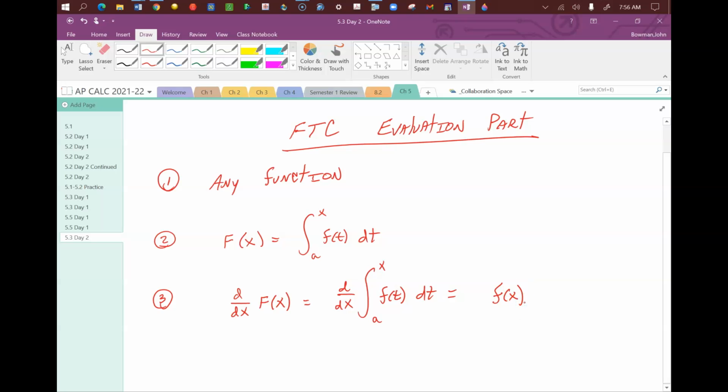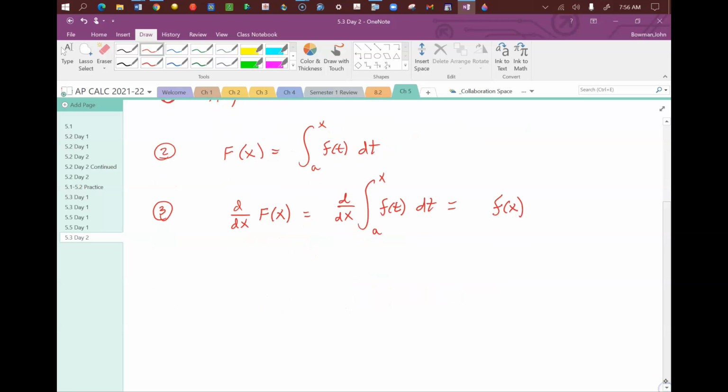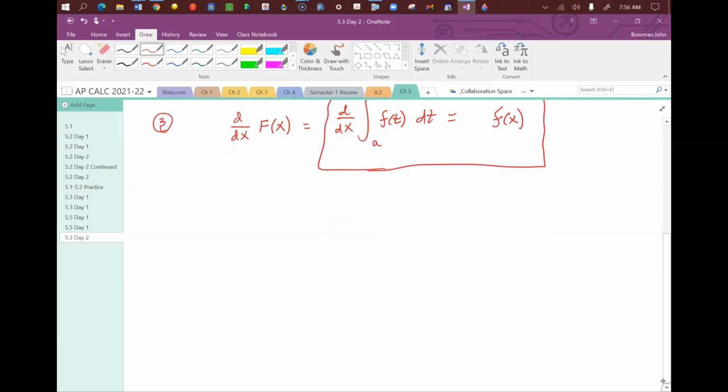In other words, the derivative and the integral are essentially inverses of each other. And this part right here that I'm putting a box around right now is the fundamental theorem of calculus, which we use for the evaluation part today.